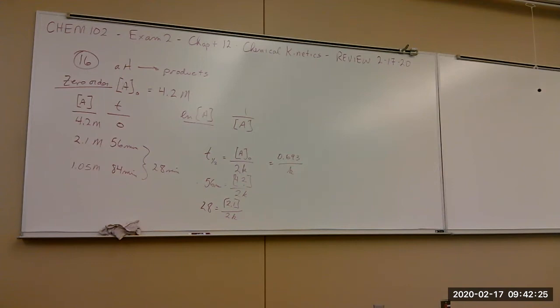There's the name, Arrhenius equation. 18 requires the use of the Arrhenius equation, but not the differential version. You want to use the integrated version. So in your useful information, the integrated version of the Arrhenius equation is over here, the right-hand side, all the way at the bottom.